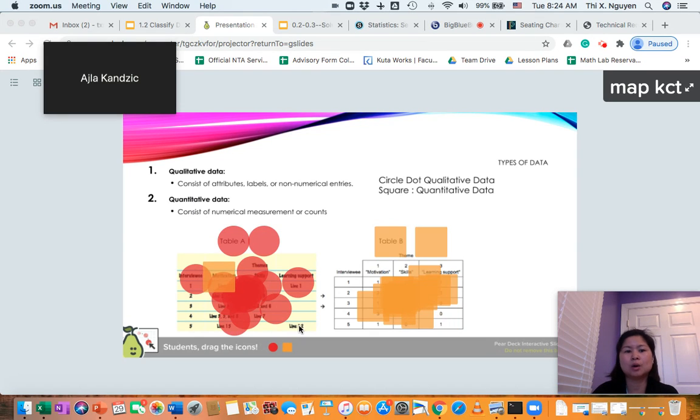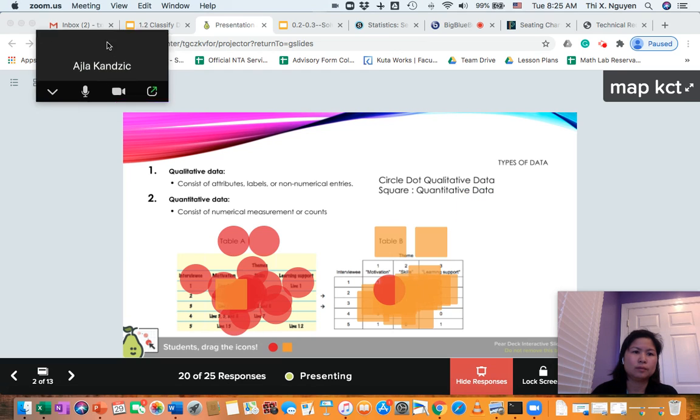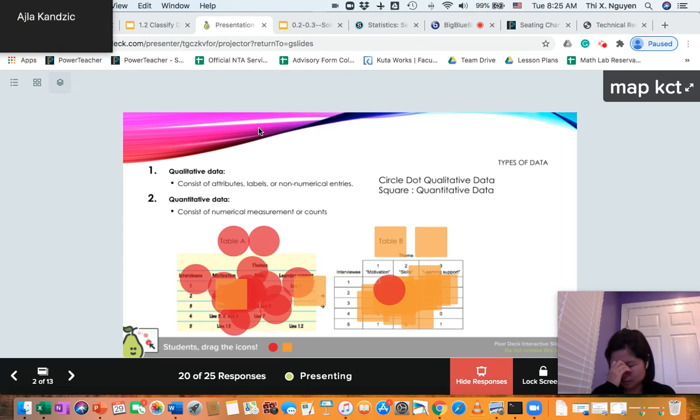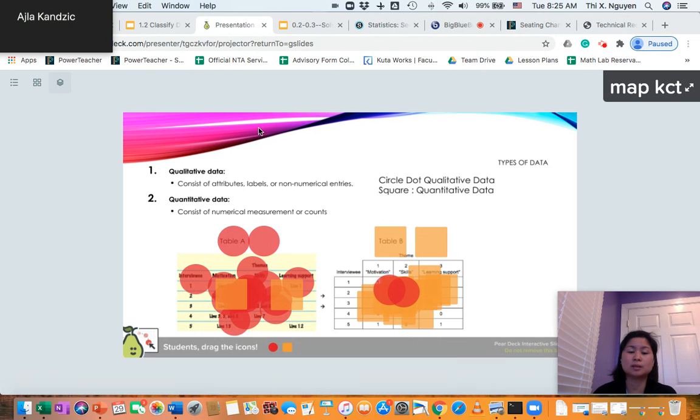So it's not quantitative. So the square for table B, that is correct. Perfect. These are the things you will run into with the summative. These are the type of questions that I will ask you.